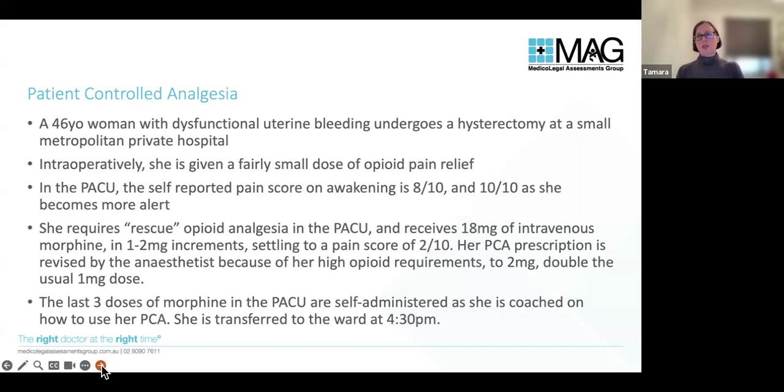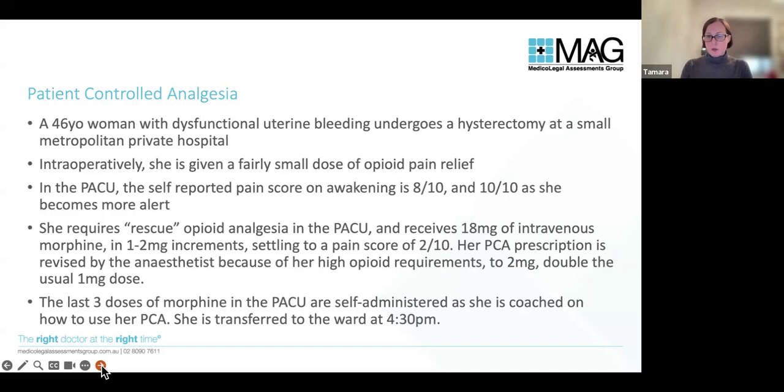She has high blood pressure and a racing pulse, and she looks very uncomfortable, consistent with pain. And as she becomes a little bit more awake over the next few minutes, she's 10 out of 10. So she needs what we would call rescue pain relief in the recovery room. And she actually has a dose of 18 milligrams of morphine, because it's perceived by the nurses there that little increments of fentanyl are not going to race her there.